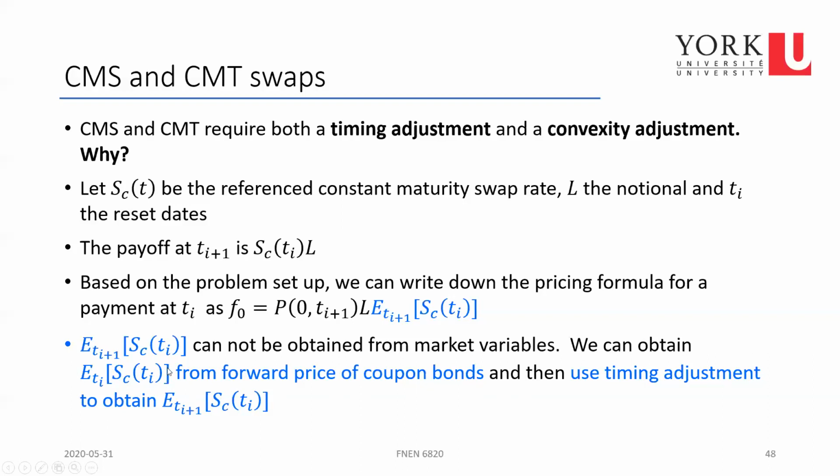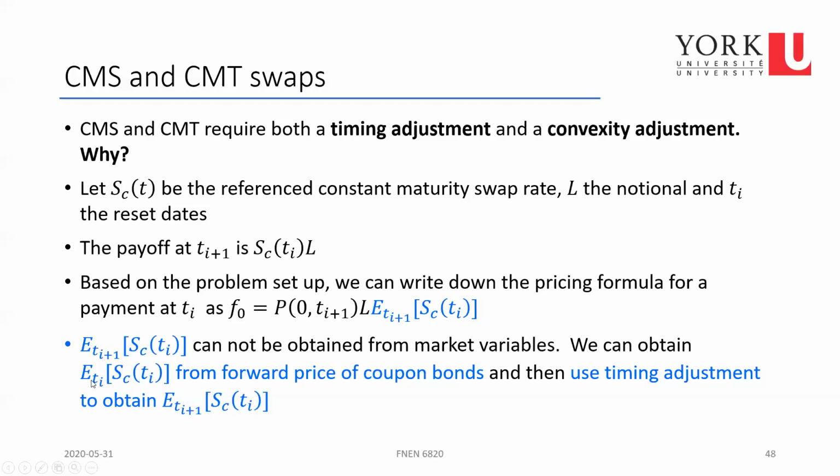Okay. Now, this, however, isn't what you need. You need Ei plus 1. This is an expected value based on a zero coupon bond that's from 0 to Ti. Because your payment is on Ti plus 1, you use a different zero coupon bond as a numeraire.